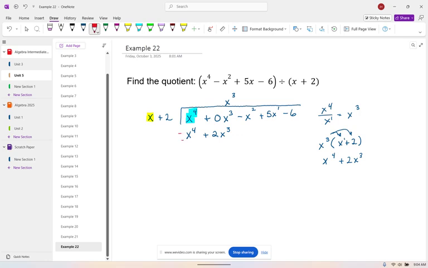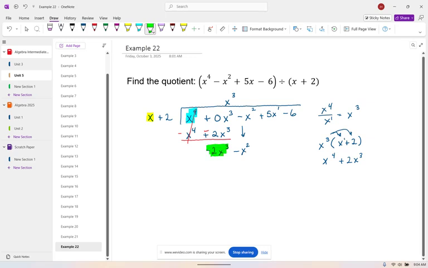Now, next step is we're just going to subtract. That's going to change this to a minus. Those first terms, x to the fourth, go away, and that's the whole point. We have 0x to the third minus 2x to the third, which is negative 2x to the third. We're going to drop down our minus x squared. And now we're going to concentrate on this negative 2x to the third.